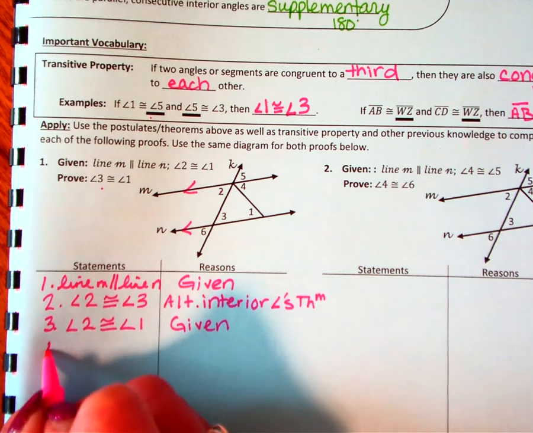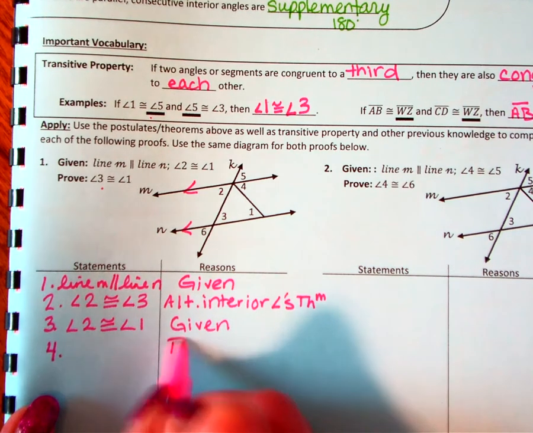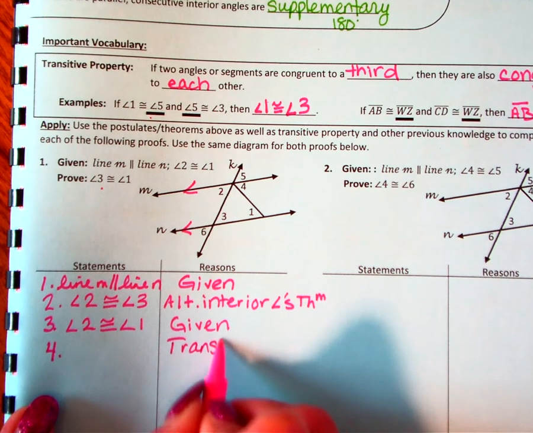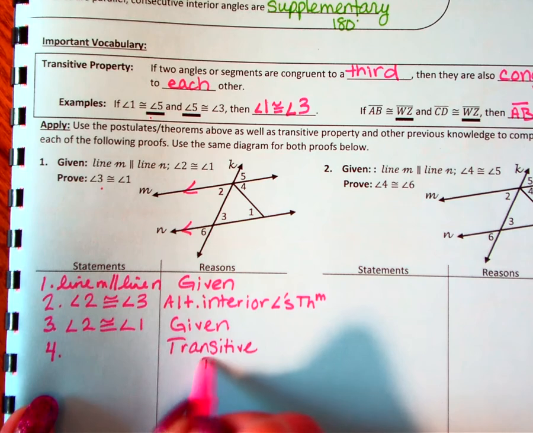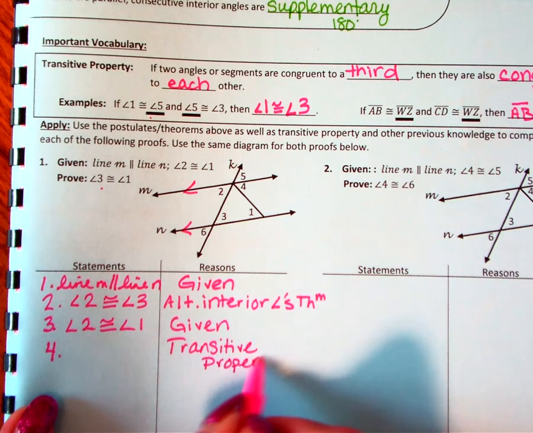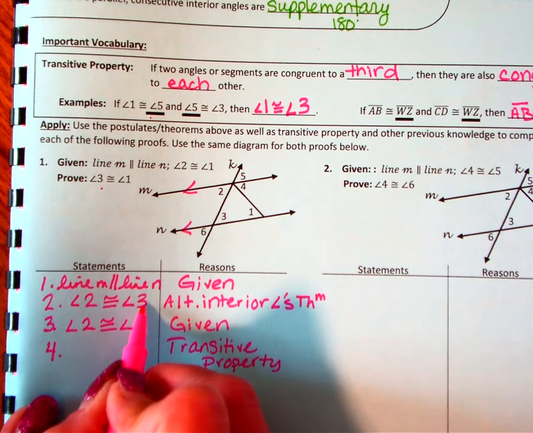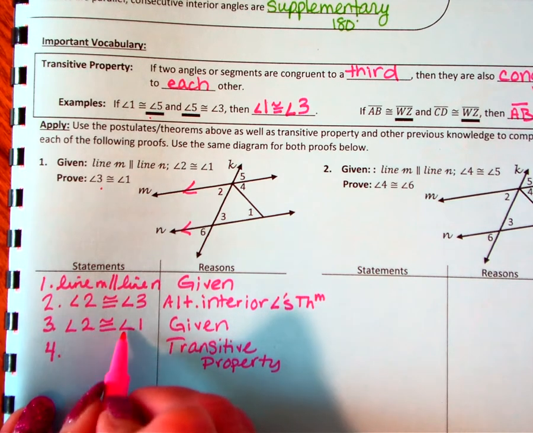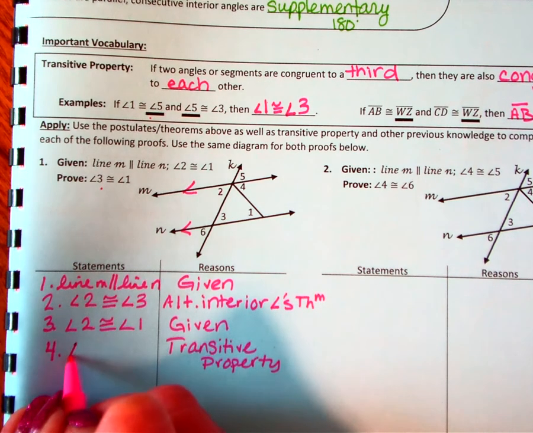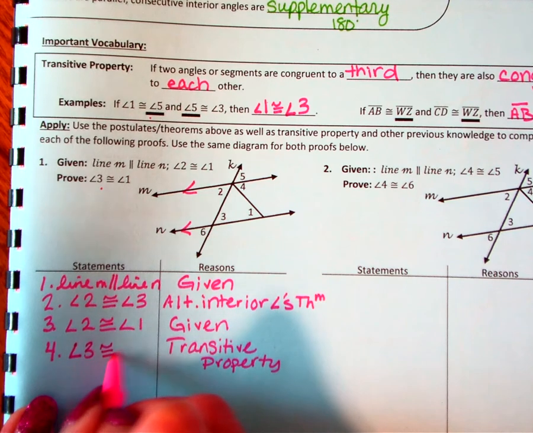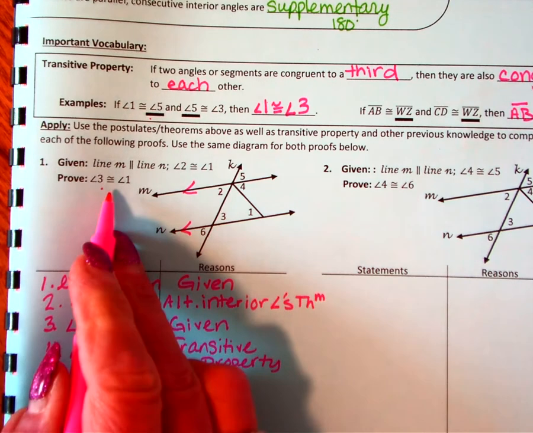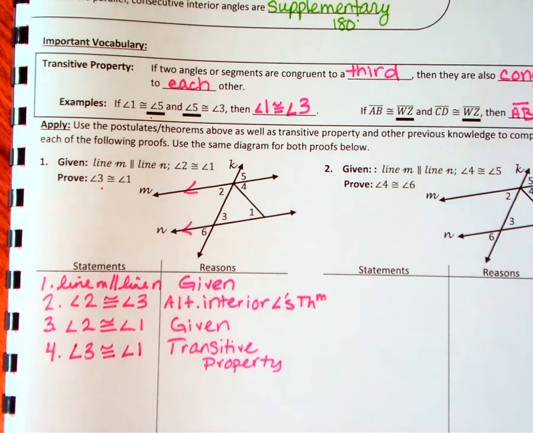Okay. And because of the transitive property, we just said angle 2 is congruent to angle 3, and angle 2 is congruent to angle 1. Therefore, angle 3 is congruent to angle 1, which is what we're asked to prove.